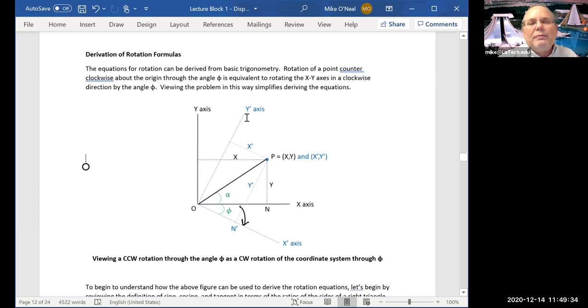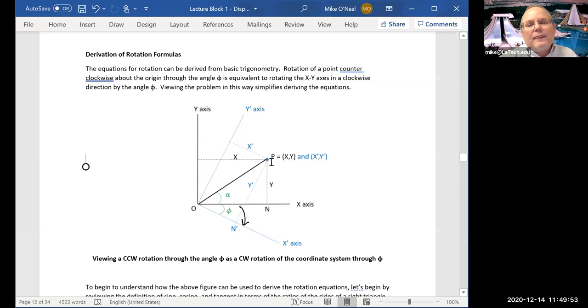I'm showing y prime and x prime as the new axes. This is just the coordinate system having been shifted phi clockwise. Okay? So now in blue, I'm drawing another set of triangles.